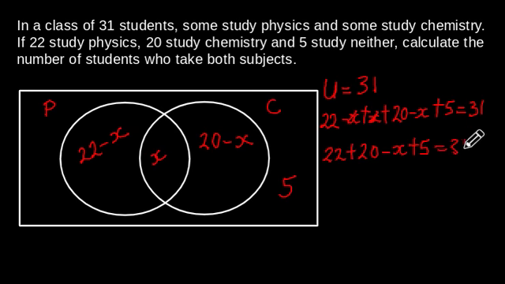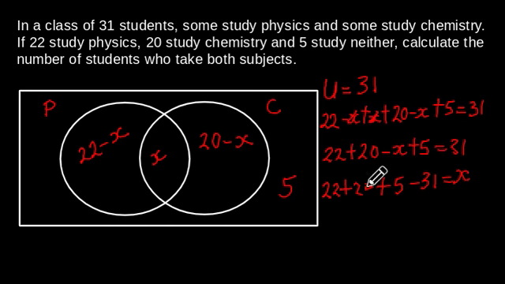All right, now we can collect like terms and put our letter on one side. So this should give us 22 plus 20 plus 5 minus 31. If we bring 31 over here, everything should be equal to X. What's 22 plus 20?